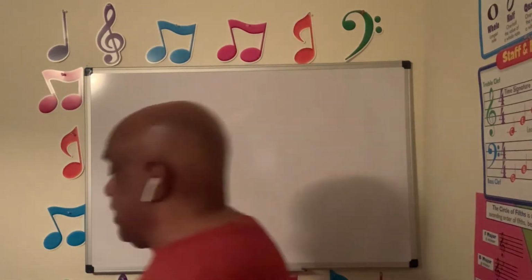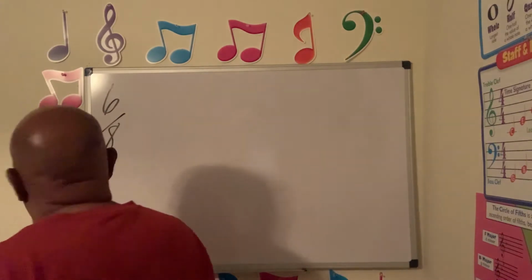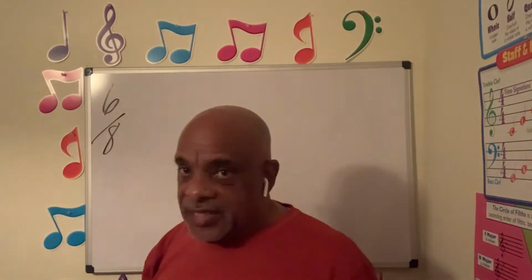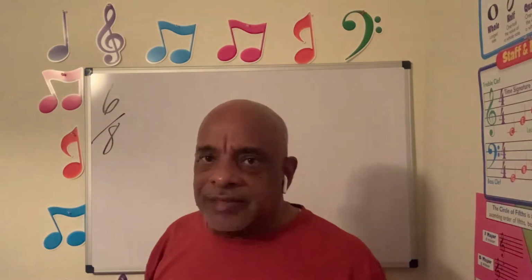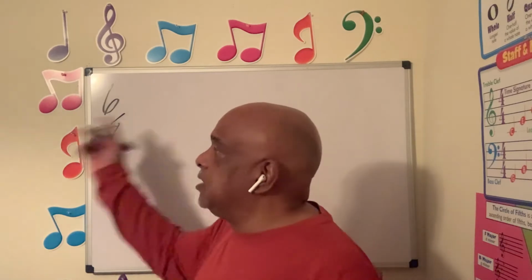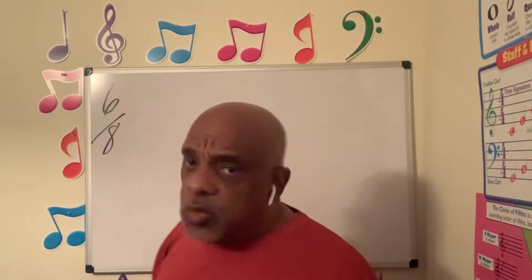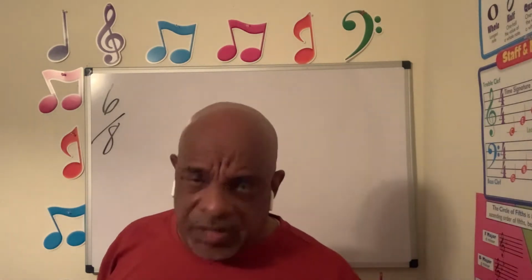All right. Let's move on now to 6/8 time. Now, you still have 6 beats in the measure. What that top number tells you does not change. There's 6 beats in a measure. You can have 12/8, 12 beats in a measure, or 15/8, 15 beats in a measure.